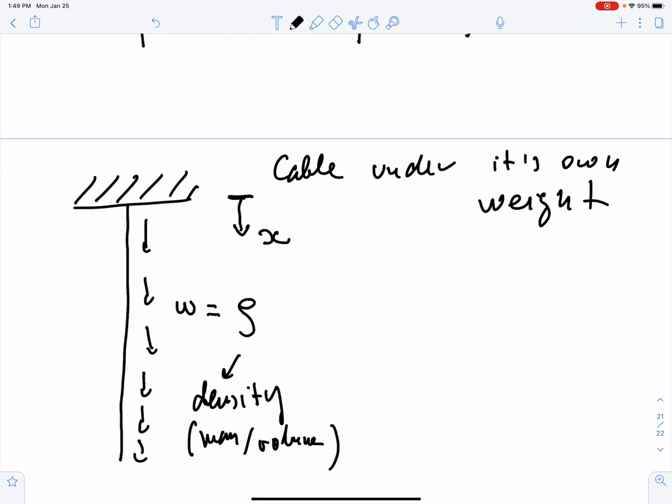So then I need to know mass per unit length, okay? The way I get mass per unit length, I take the density, mass per unit volume, and multiply by the cross-sectional area, rho A. So I have mass per unit length. And then the gravity force per unit length is going to be mass per unit length times what? Gravitational acceleration, g.